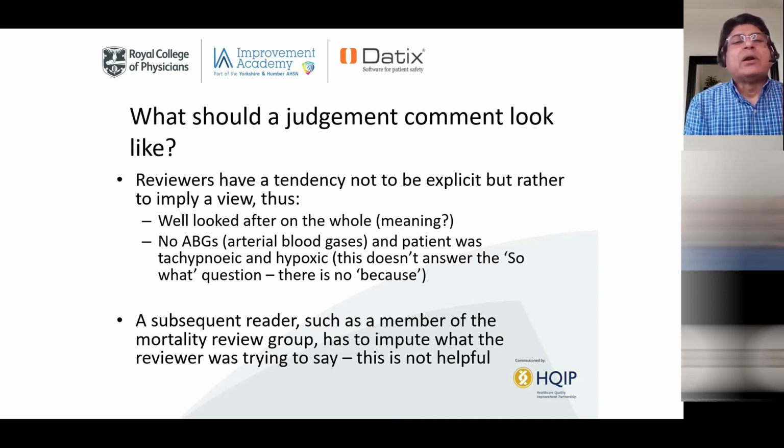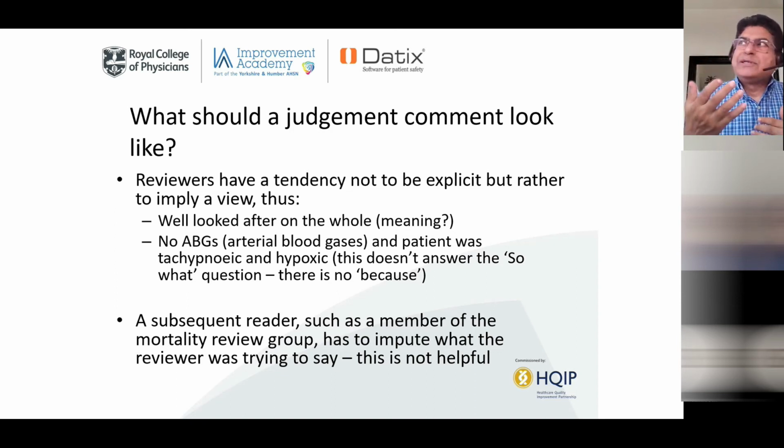For example, another review has written, taken verbatim from there: a subsequent reader, such as a member of the mortality review group, has to impute what the reviewer was trying to say. Is it helpful for governance people? Probably not. So they wanted it more explicit. For example, instead of saying I'm thirsty, I can say I feel dry.